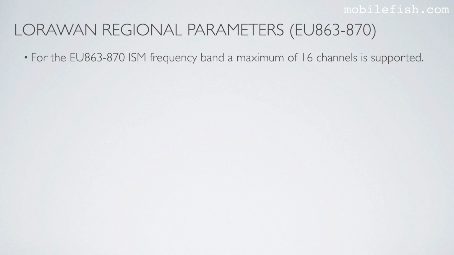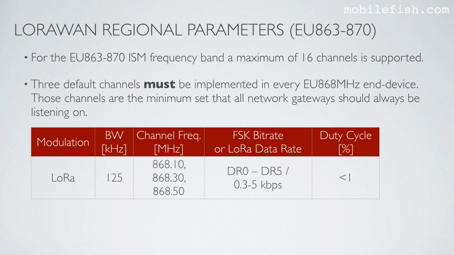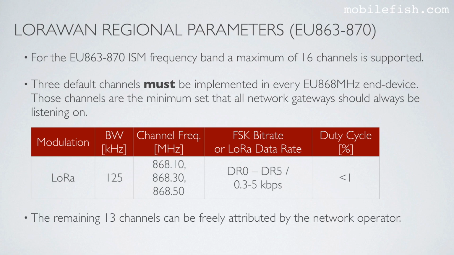For the AU 863 to 870 ISM frequency band, a maximum of 16 channels is supported. 3 default channels must be implemented in every AU 868 MHz end device. Those channels are the minimum set that all network gateways should always be listening on. So every LoRa device must always implement these 3 channels, with this bandwidth and these data rates. And the duty cycle must be less than 1%. And the remaining 13 channels can be freely attributed by the network operator, for example, The Things Network.